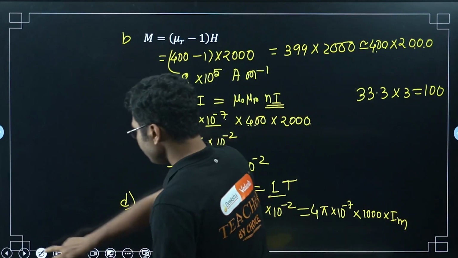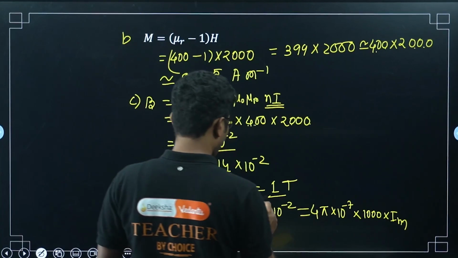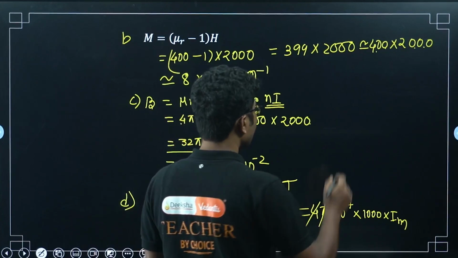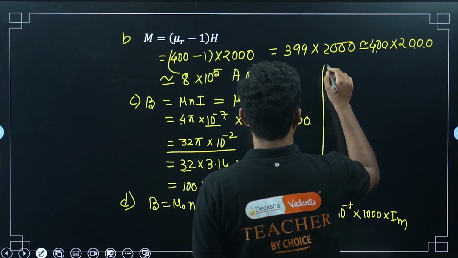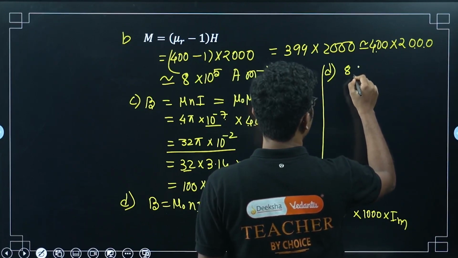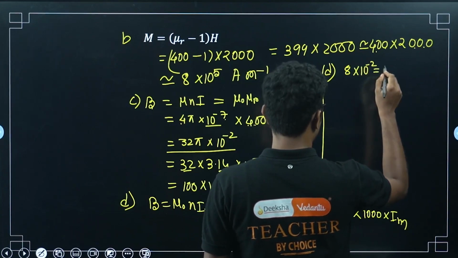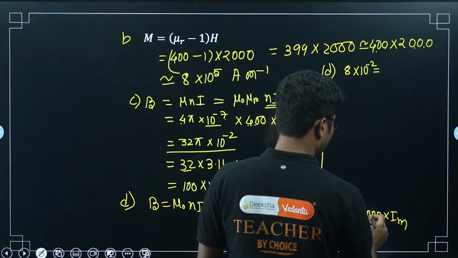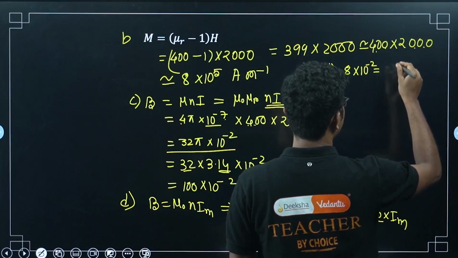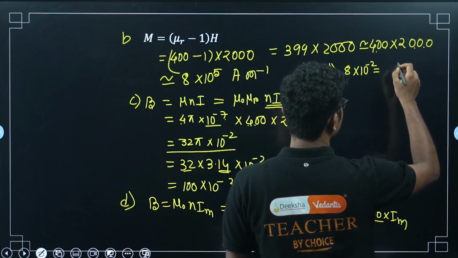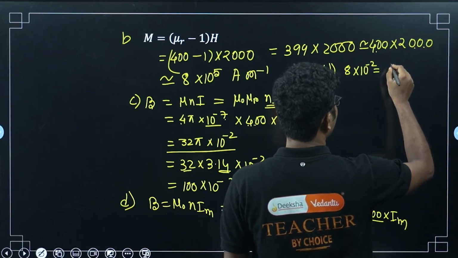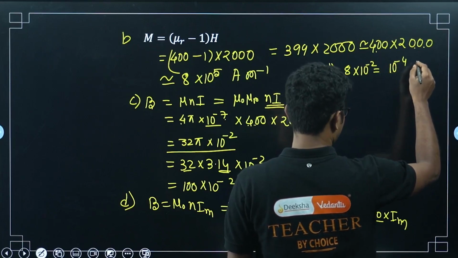So pi cancels, 32 divided by 4 is 8. This is part D. 8 times 10 to the power of minus 2 equals 1000 times 10 to the power of minus 7 times Im, and 1000 times 10 to the power of minus 7 is 10 to the power of minus 4.